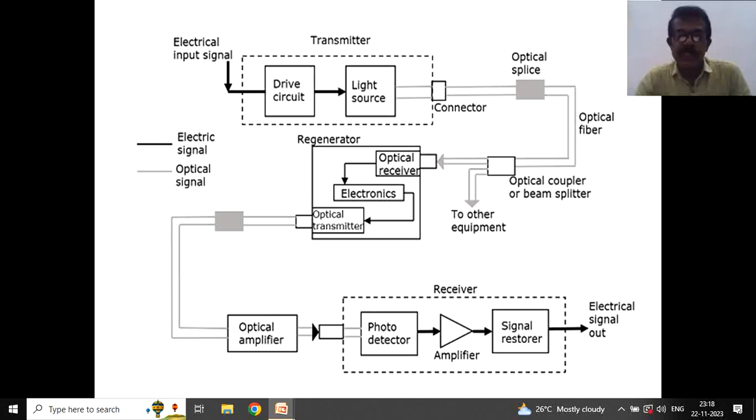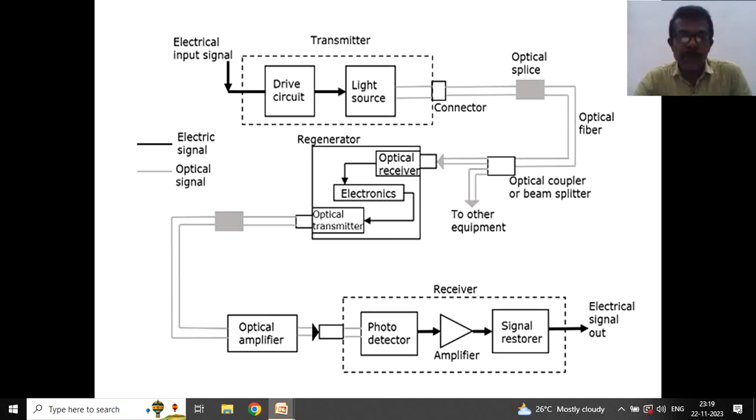So next, we have connectors and splicers. These are the important components related to optical communication connection. Suppose you want to connect a link from one place to another and the distance is 80 kilometers. You won't get an optical fiber with a length of 80 kilometers. So what is the solution? We have to connect different optical fibers.